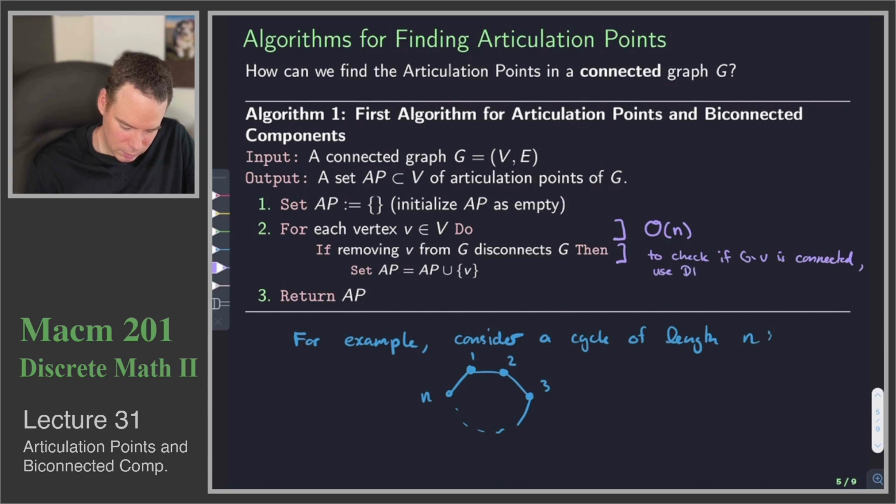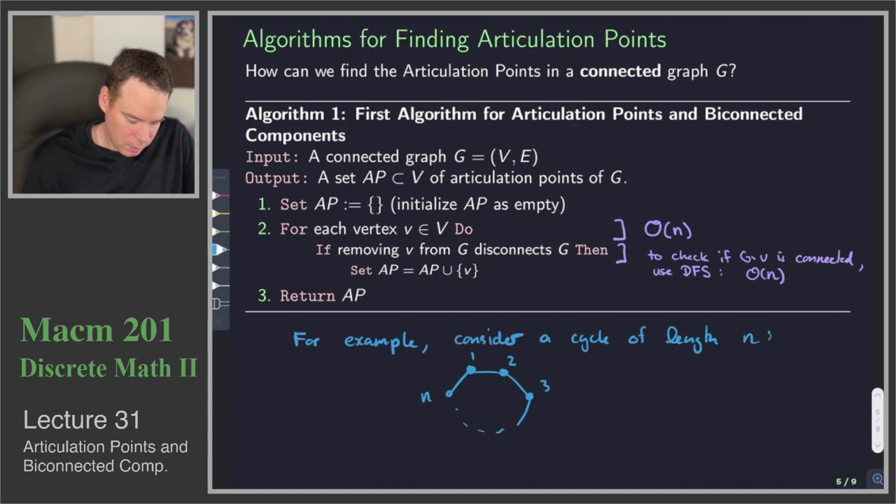So we use DFS, because if DFS returns a tree which contains all the vertices of G take away v, then we know it's connected. And what does it cost to do a DFS? Well, that's again of order n, just the number of vertices. So we can check if it's connected by using DFS, and this also costs on the order of n operations.